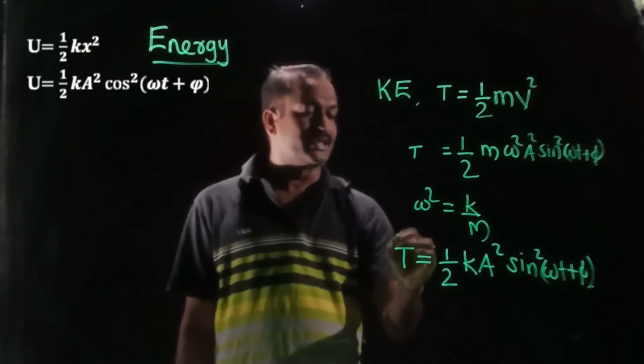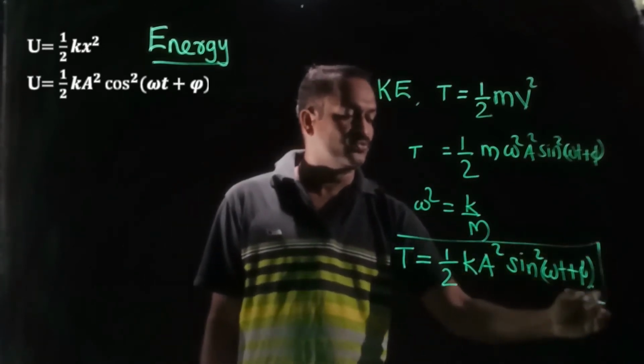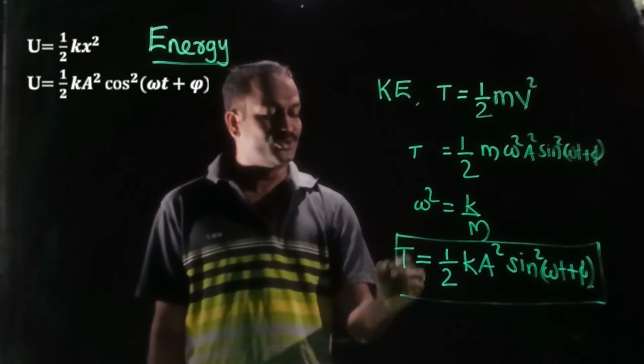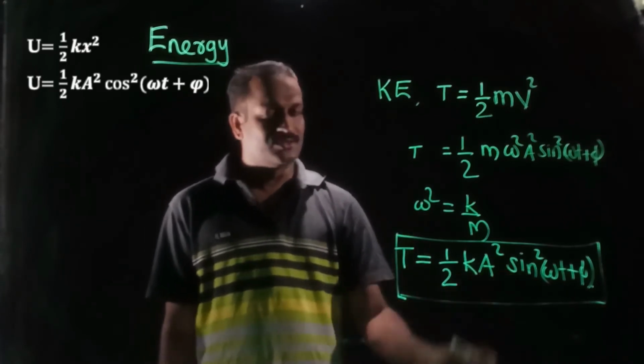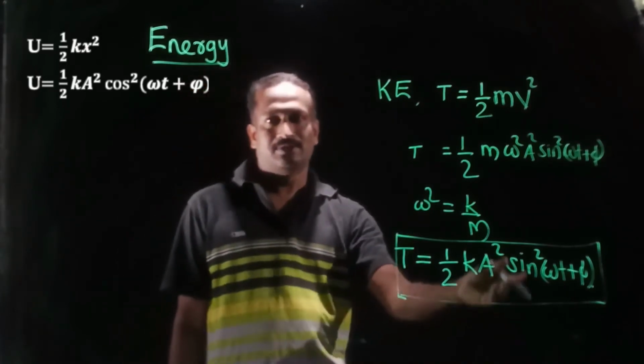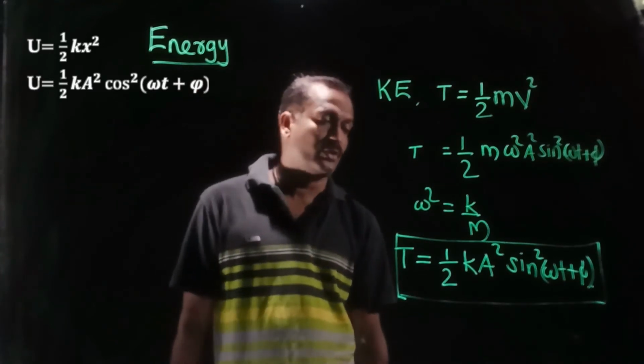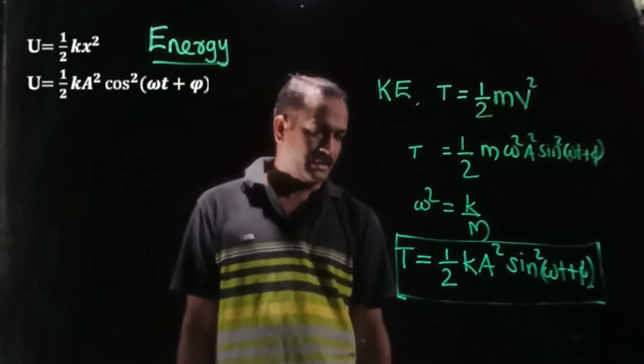This is the expression for kinetic energy in terms of time. That is, kinetic energy also varies; it is a function of sin square(omega t plus phi).